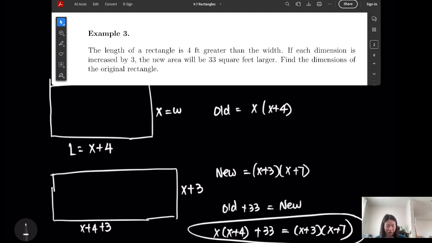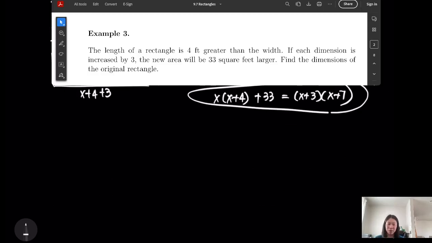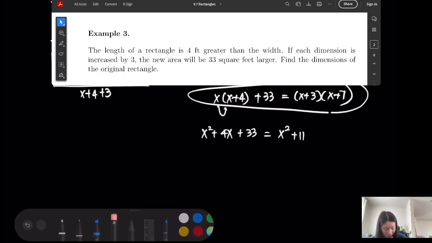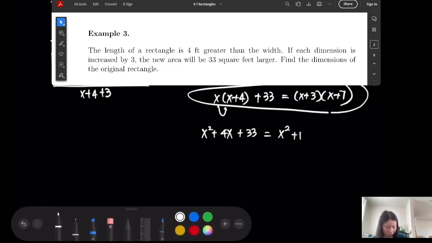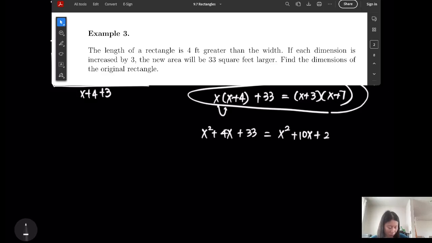It looks so complicated. Well, once you set up the equation, the first thing is you want to simplify it and merge all the like terms together. So in here, I have x squared plus 4x plus 13 equals x squared plus 10x plus 21.